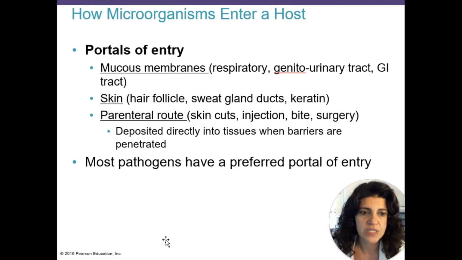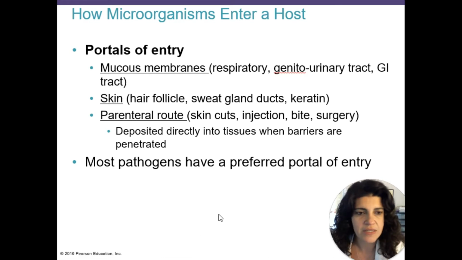Now let's talk about skin. Can microbes enter intact, unbroken skin? They can. Hair follicles, sweat gland ducts. They can totally get through intact skin, through hair follicles, through the sweat gland ducts, and penetrate and get into the dermis, get into the blood, okay?